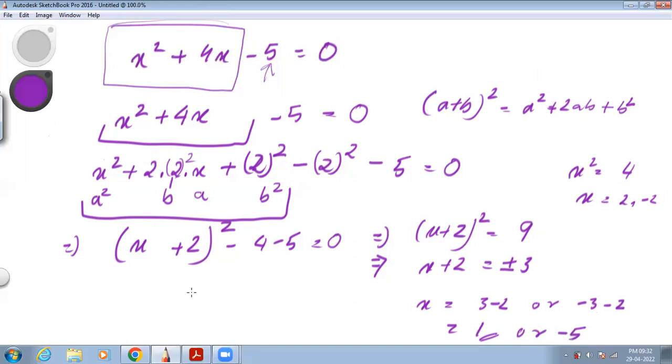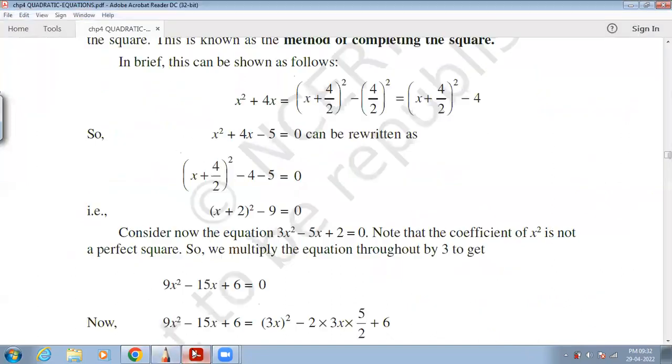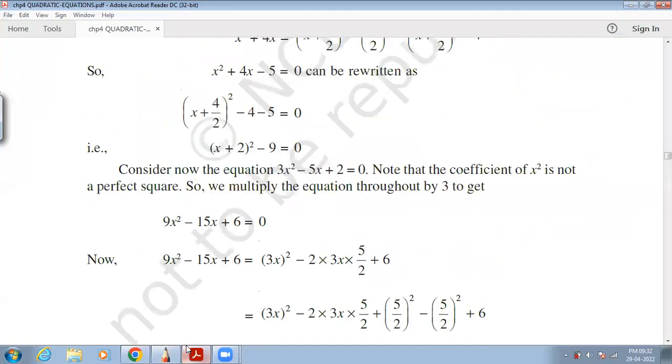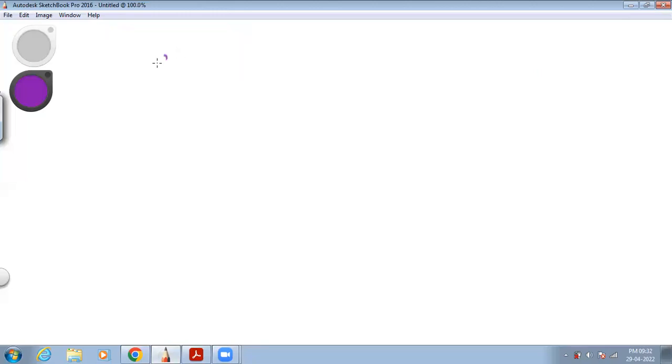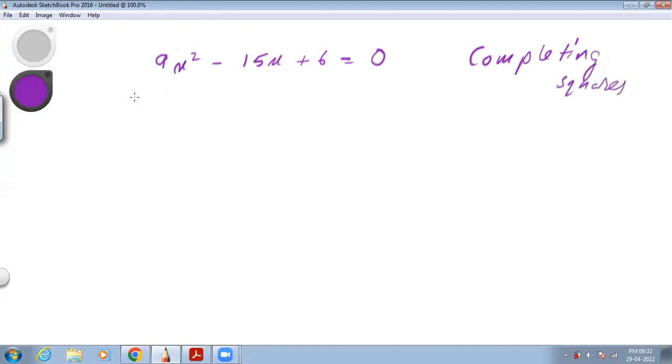And another thing that you need to do here is, let's take another example quickly. Like 9x square minus 15x plus 6 equals to 0. Again, if you are asked to find the factors by completing squares, this one becomes a bit trickier.